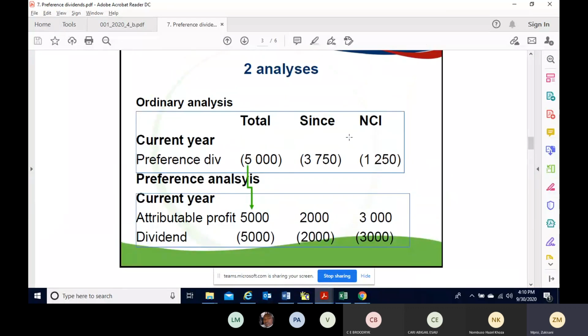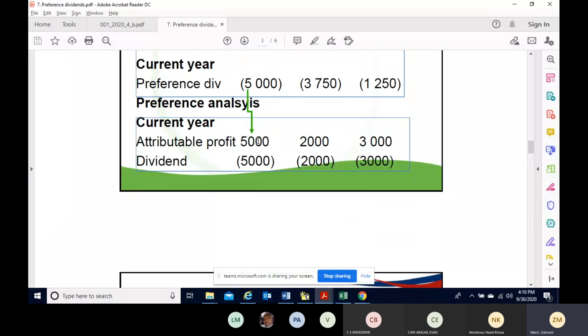This is if you are doing the ordinary analysis. But if you are doing the preference analysis, then you will only apply the 40% of ownership to the parent, and the other 60%, of course, goes to the non-controlling interest.